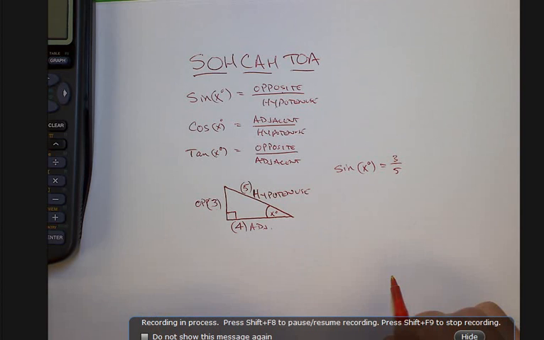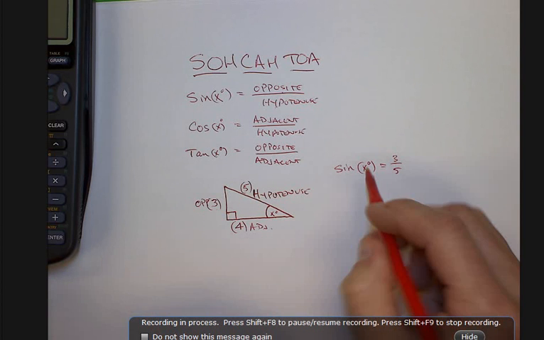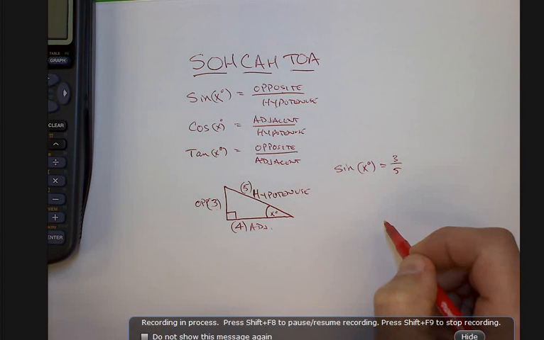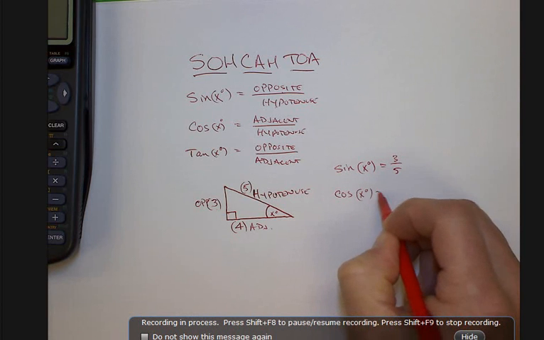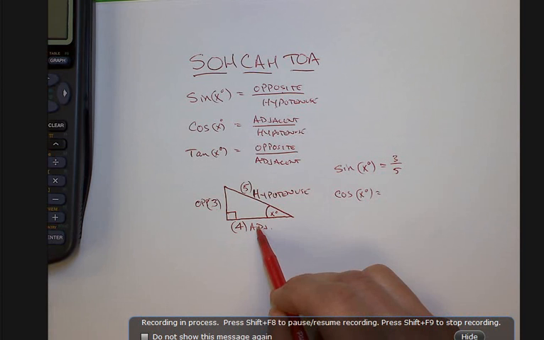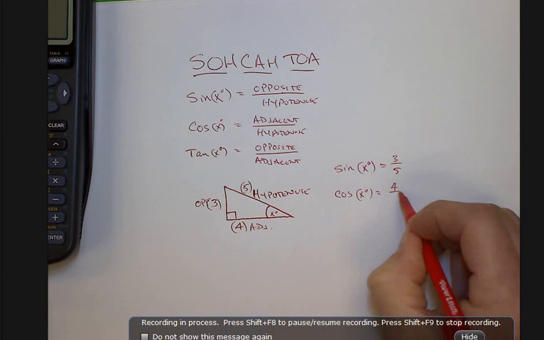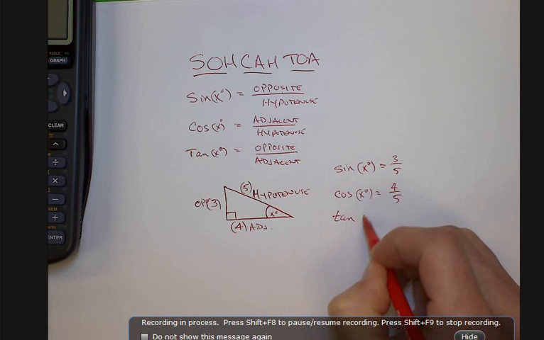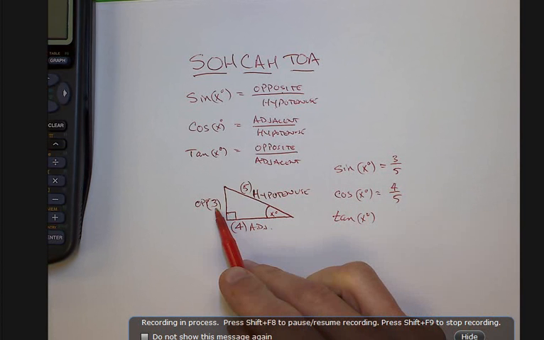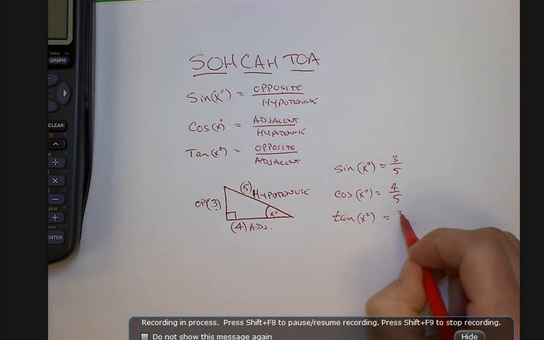We'll talk about what that means in a minute. So right now it's just a ratio. The cosine of x degrees is equal to the adjacent leg, 4, over the hypotenuse, 5. And then the tangent of x degrees is equal to the opposite leg, 3, over the adjacent leg, 4.